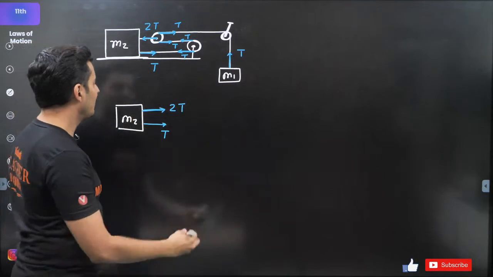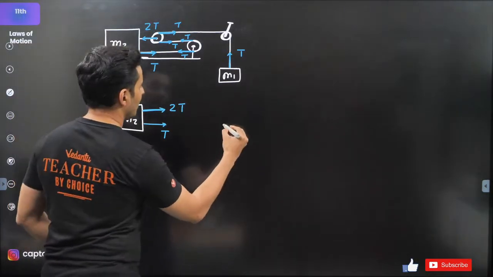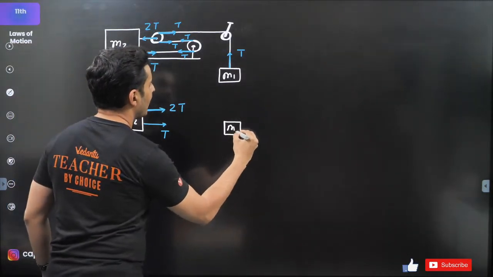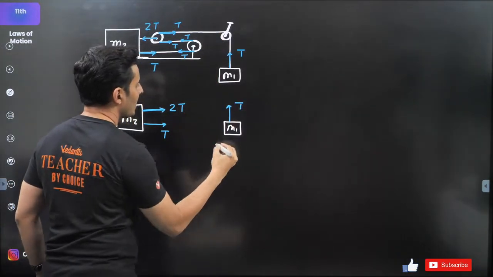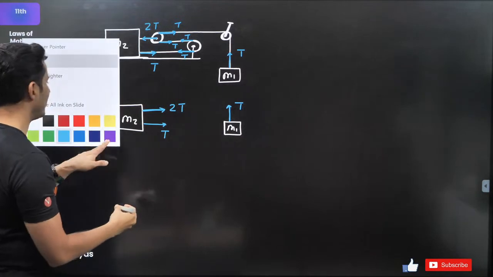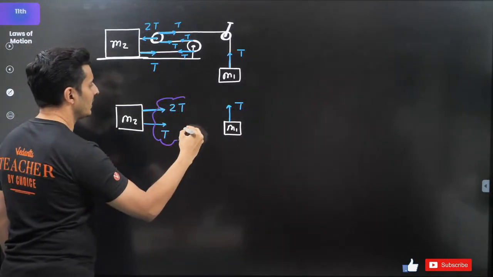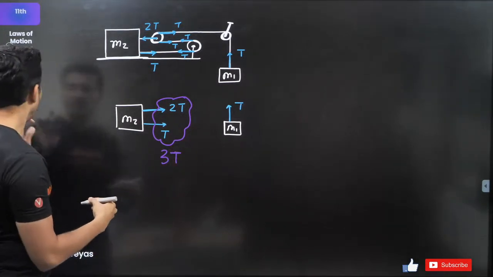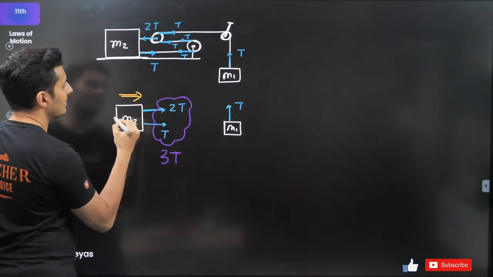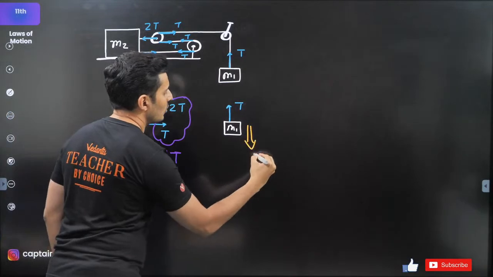Excellent. And if you look at M1, I have a feeling there is only one tension, so just put T over here. So now if you look at the total tension over here, it is thrice T, and this guy accelerates this way, this guy accelerates this way.